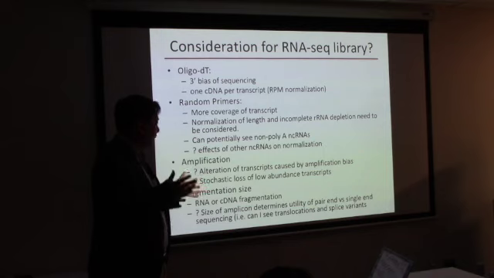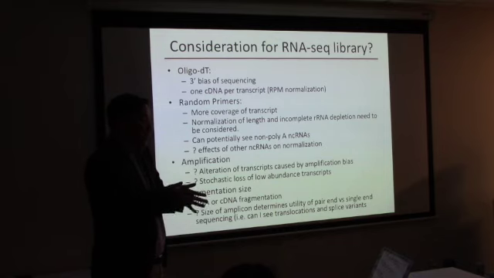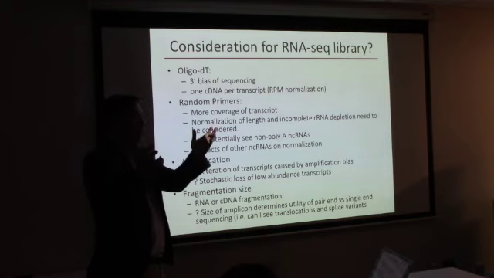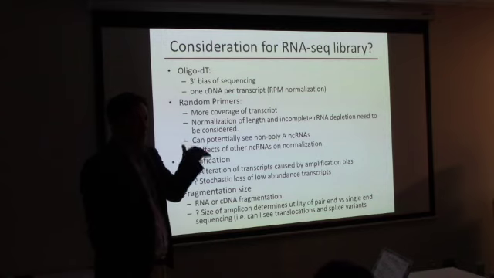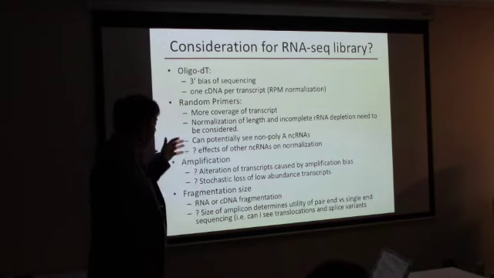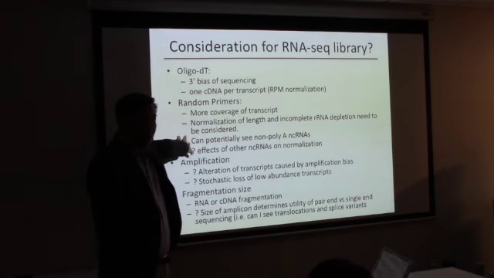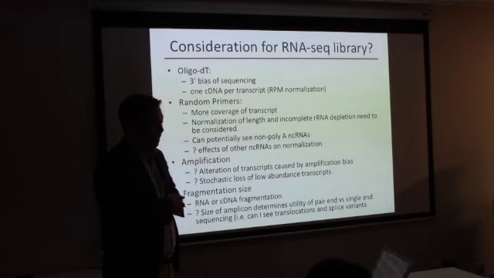And you just have to be aware that whatever prep you do, it's always better that you know what you did, because then downstream you'll be able to say, oh, this is a variable that may be affecting my data analysis right now. When you send it to the core, they just do what's on the menu. And so sometimes it's not as useful.